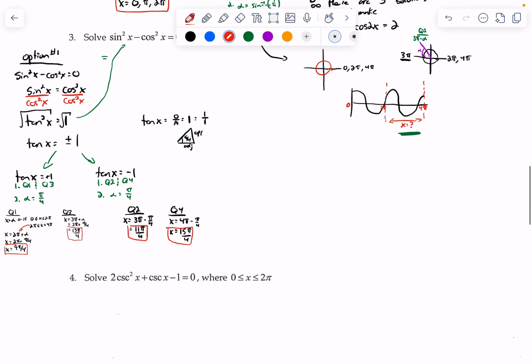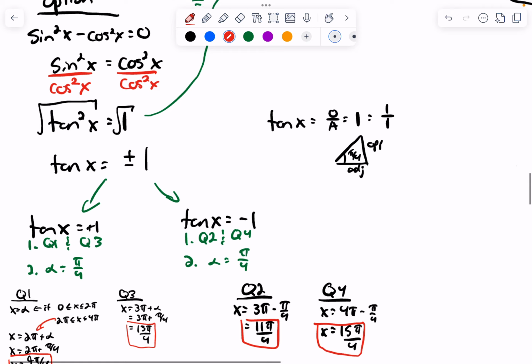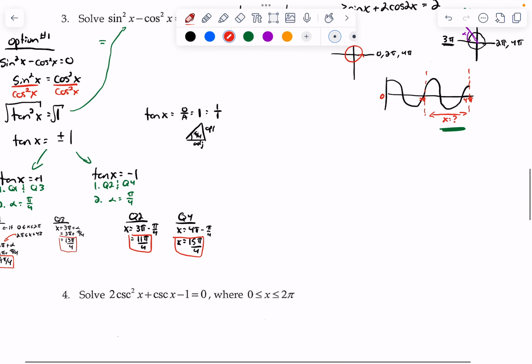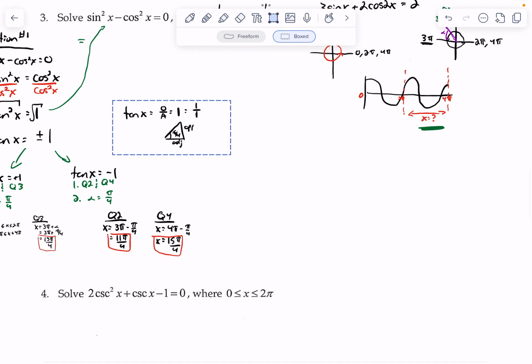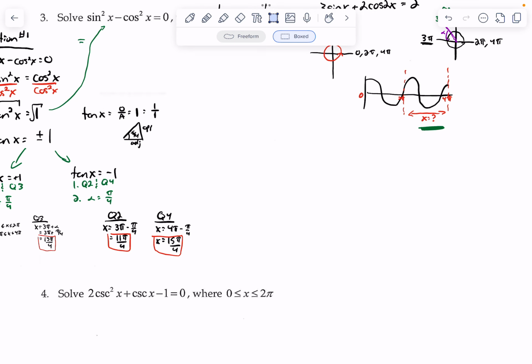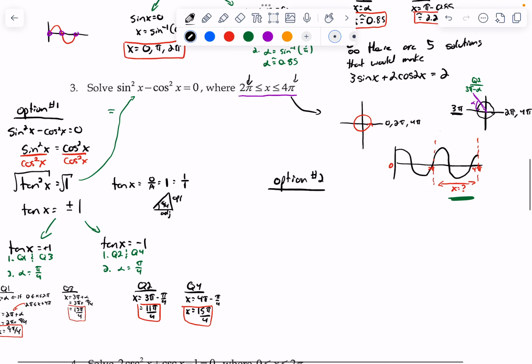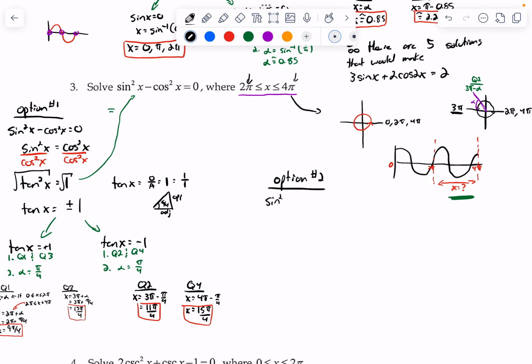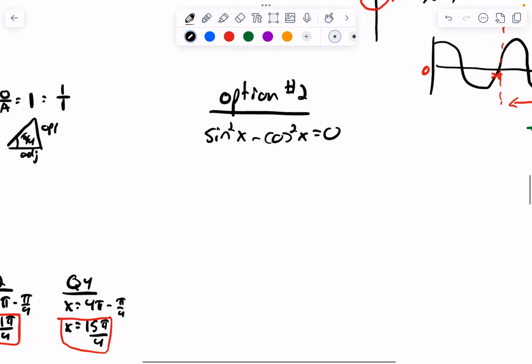And I was saying, I saw this as turning it into the tan ratio right here, but you could have also approached this problem by using the Pythagorean identity. You would have gotten the same solution. So what I mean is, if you went from the very beginning, if you saw this as option number 2, if you saw sine squared x minus cos squared x, and you saw, okay, well, I'm so used to seeing, whenever you listen to me in class, I see sine squared, I see cos squared, I think Pythagorean.